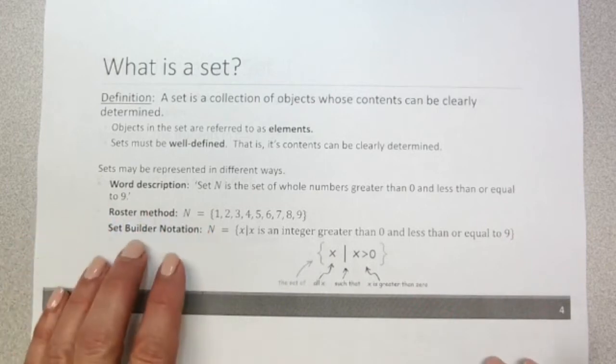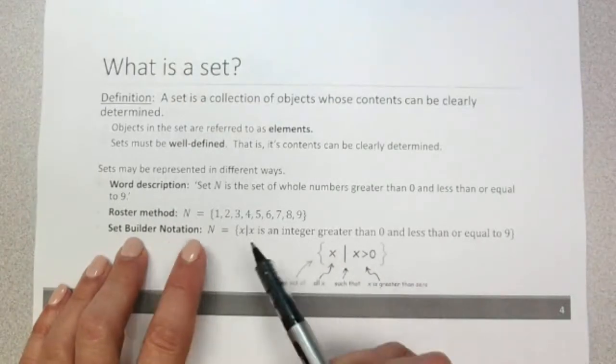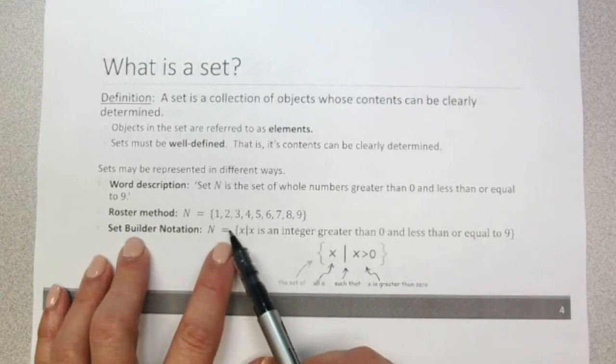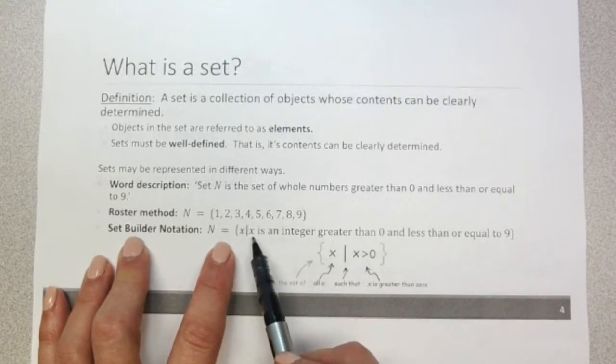All right, a third method for representing a set is set builder notation. In set builder notation, we say the name of the set, we use the equal sign to show what that set is equal to, and then we define a variable that represents all the elements in that set.